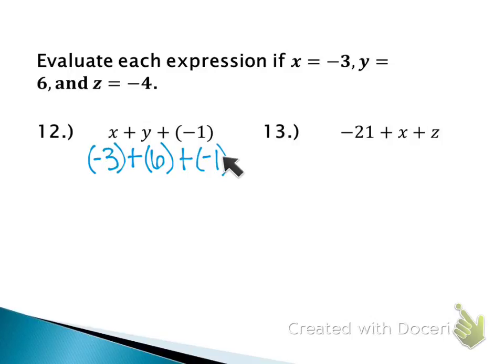So I'm going to group the -3 plus -1 first. We add the absolute values and we keep the sign. The absolute values would be 3 and 1. I add them together to get 4, but I keep the negative sign that they started out with. And then the plus 6 comes on down.